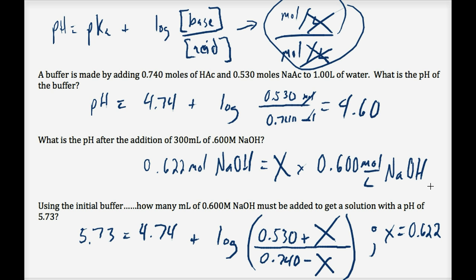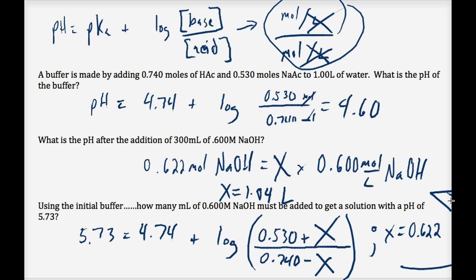Doing the math, it's just simple division. You're going to get a volume of a little over a liter, 1.04 liters. This is the work that goes from the previous problem.